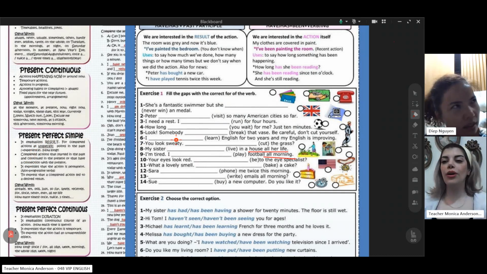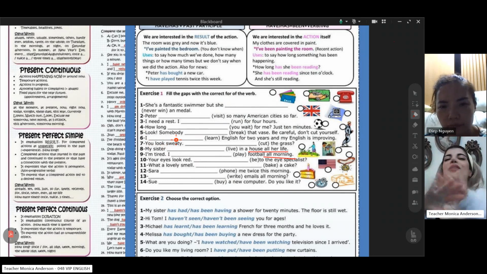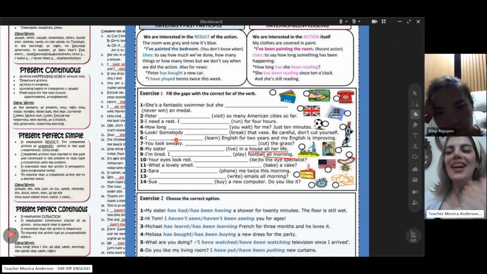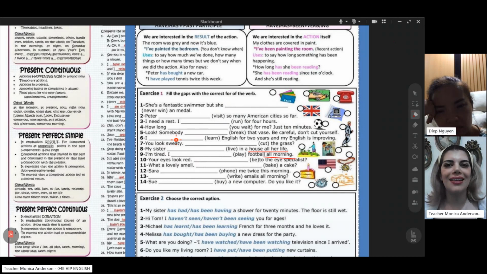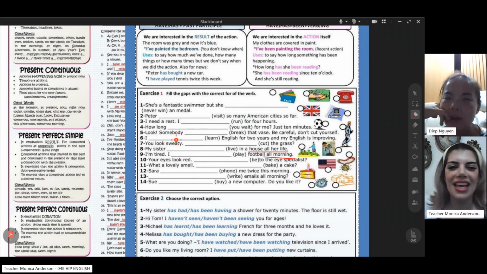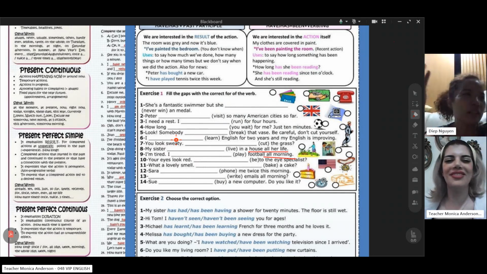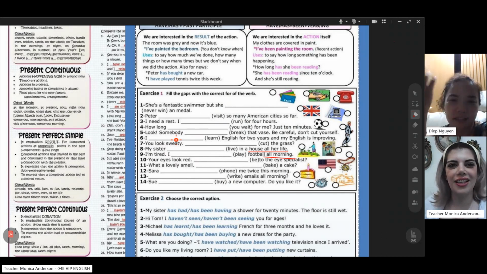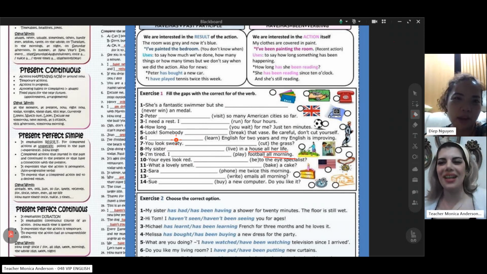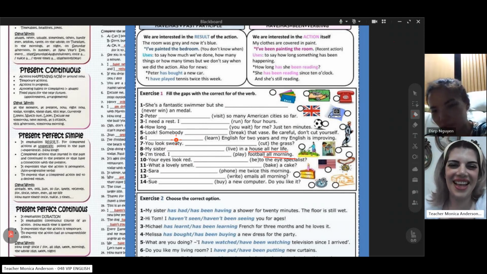Have you? Don't think of passive voice because it's confusing for you. I'm asking you: have you baked a cake? What a lovely smell. Have you baked a cake? Yes, of course.